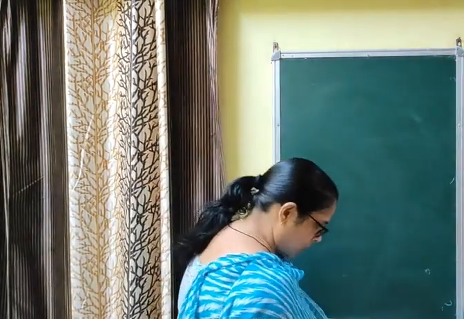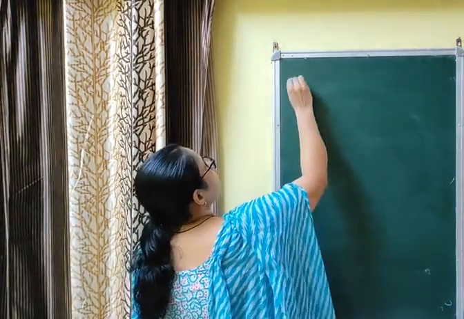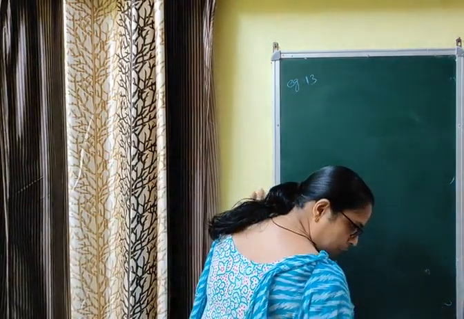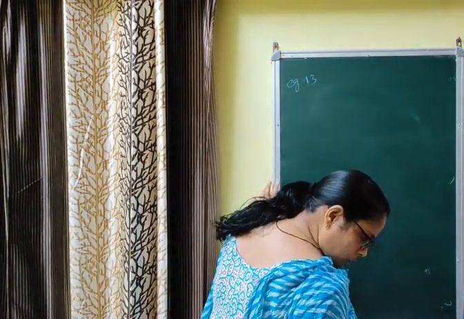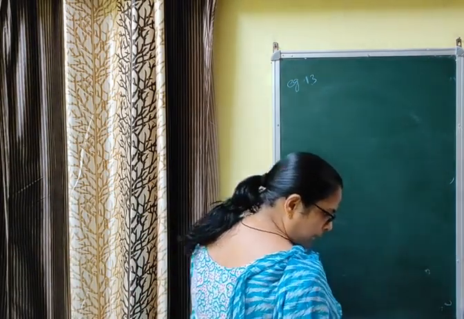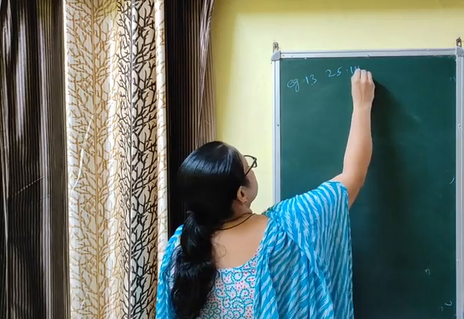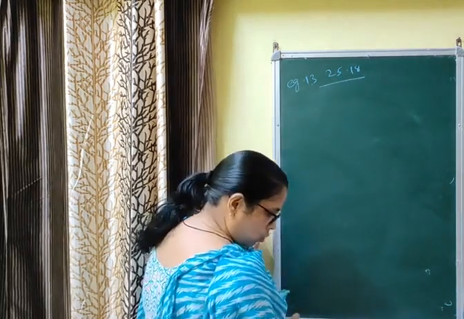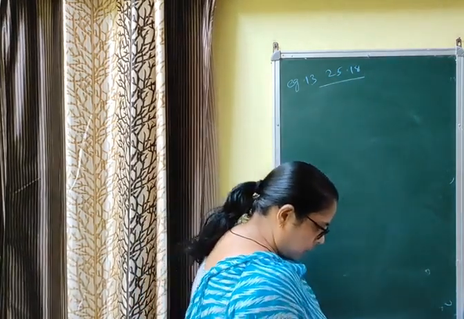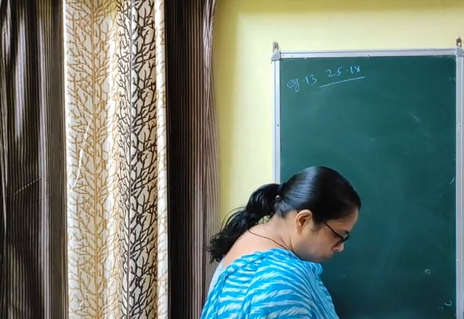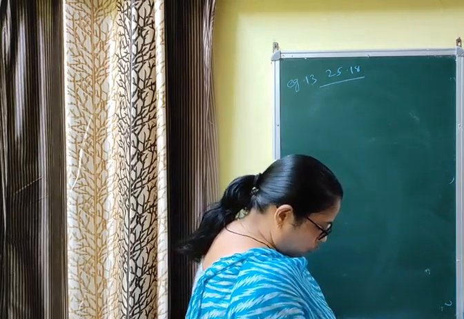Next question is example 13 on page number 25.18. The previous question was from page 25.17. The question is: the focal distance of a point on the parabola y square equal to 12x is 4.